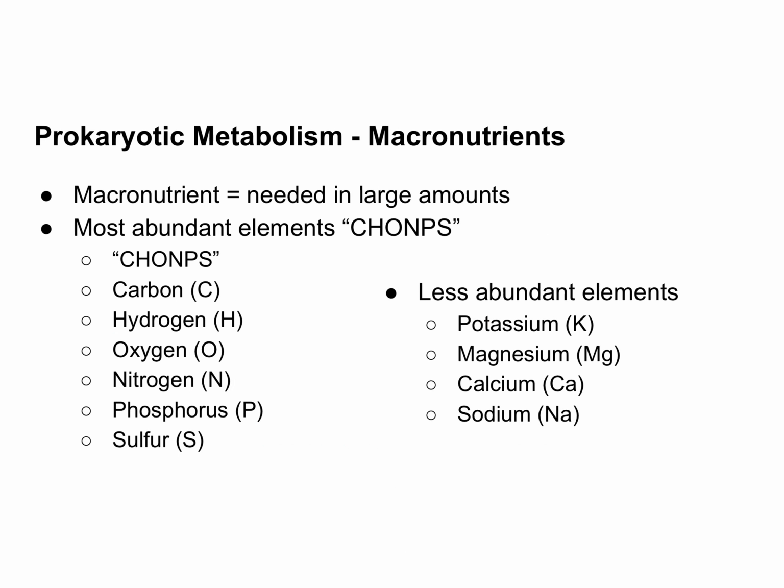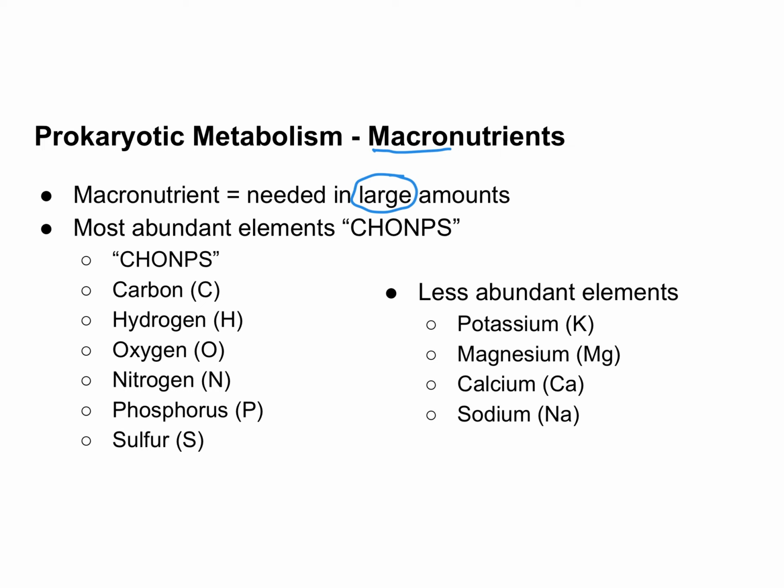Now, all living organisms need nutrients, and some nutrients they need more than others. First we're going to look at the macronutrients, and macro just means large. They need a relatively large amount of these particular nutrients. The most abundant elements that we find in living organisms, we can use this mnemonic of CHOMPS, if you will.